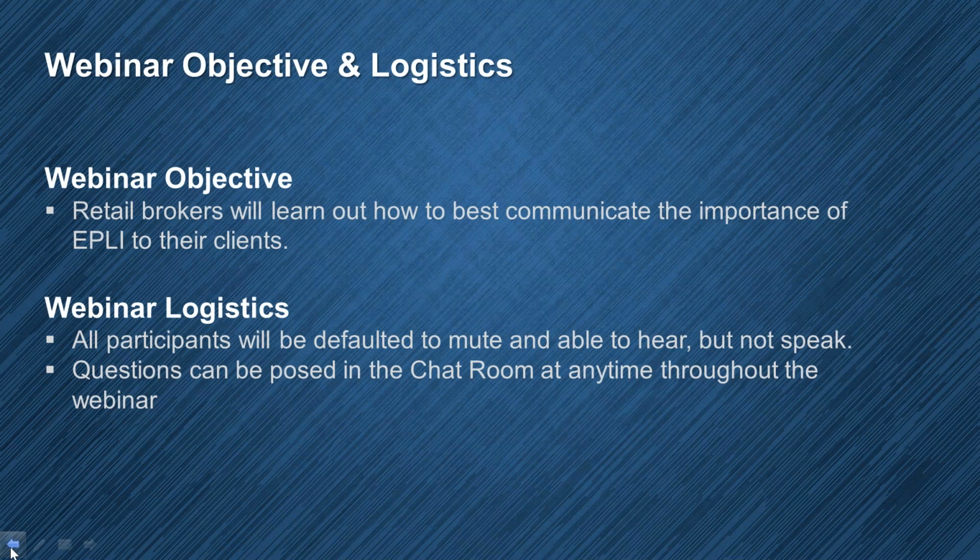Usually the challenge is helping them understand that this exposure isn't insured someplace else and that they need a standalone EPL policy. That's going to be our main objective, and Corey's going to do a great job with that.